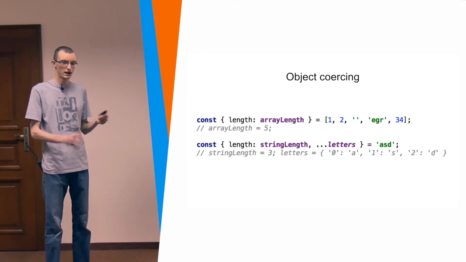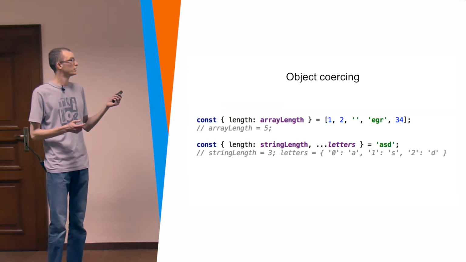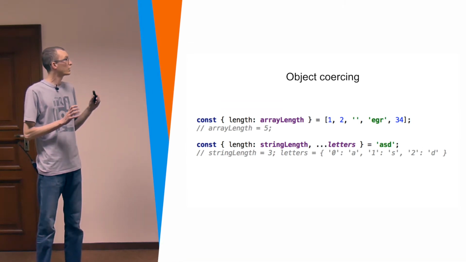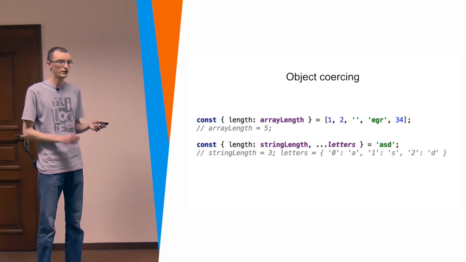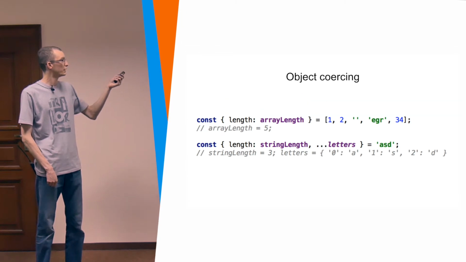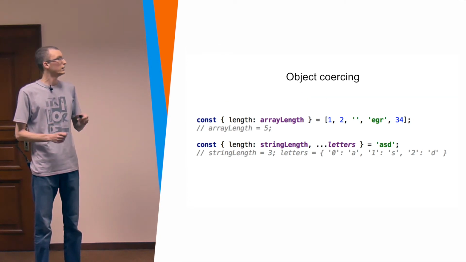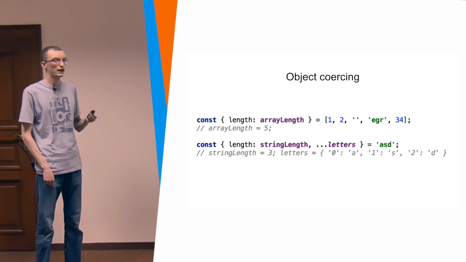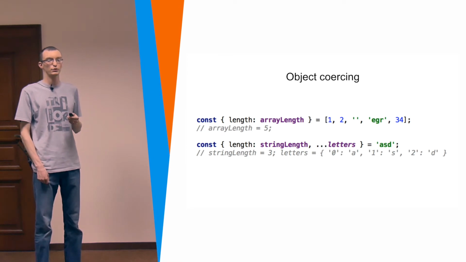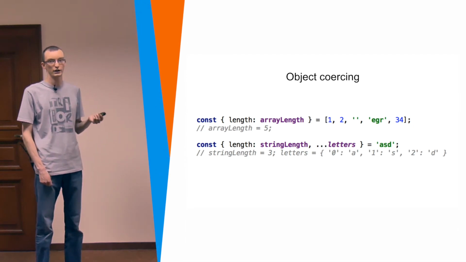Another thing which happens under the hood is that object destructuring coerces the source into an object. So in this case, when we object destructure an array, we can access the length property and assign it to some variable.